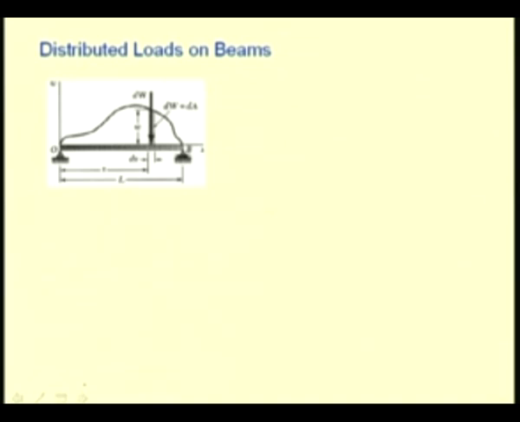If the beam is loaded with uniform loading, like the loading pattern shown in this picture, we have this beam OB which has a loading pattern defined by this load curve. If we know the equation of the load curve, then we can determine the total load on the beam by computing the area under this loading curve.